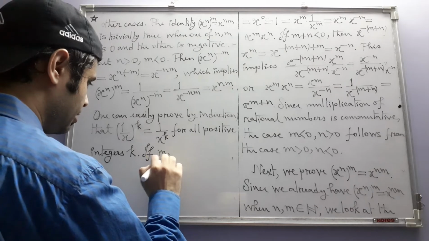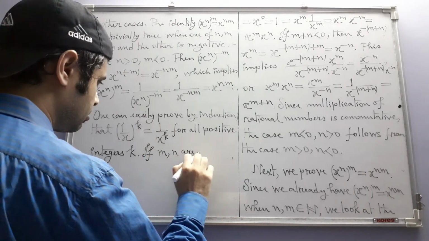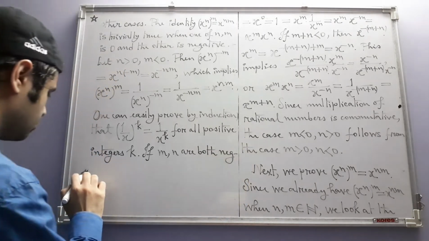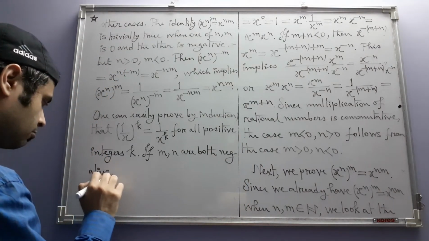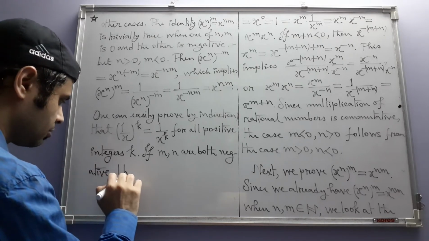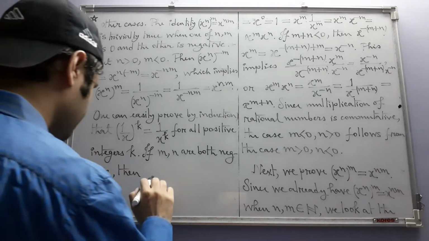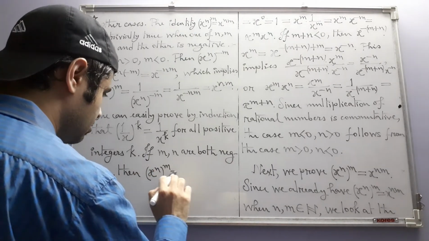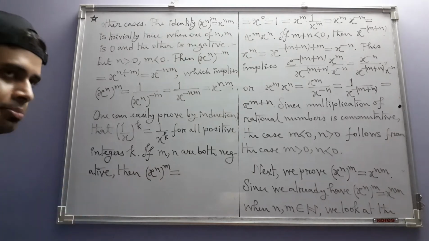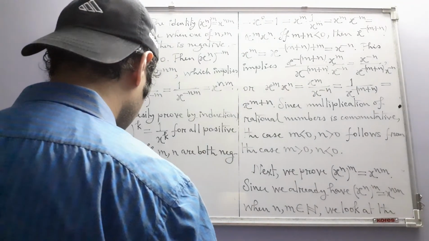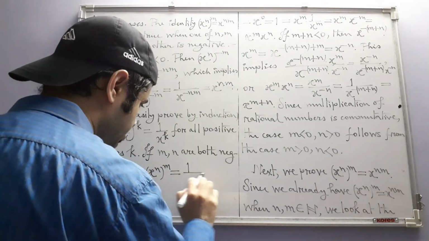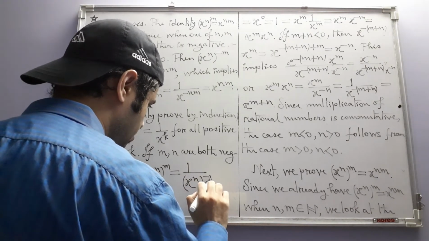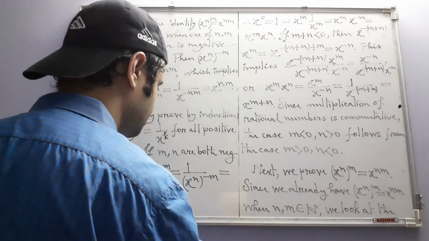If m and n are both negative, then consider x to the power n whole to the power m. First, since this is an mth power, by definition, and since m is negative, this is to the power minus m. Minus m is positive.